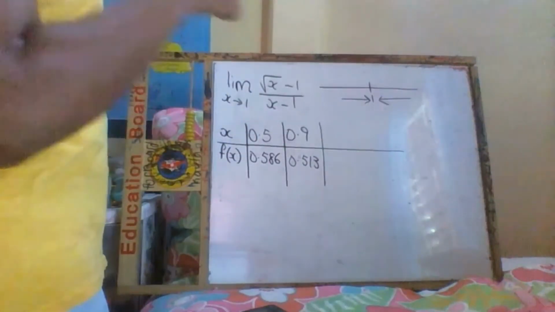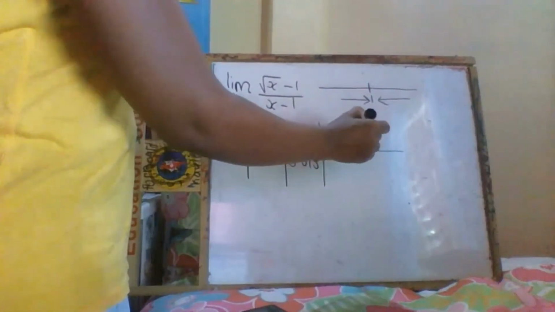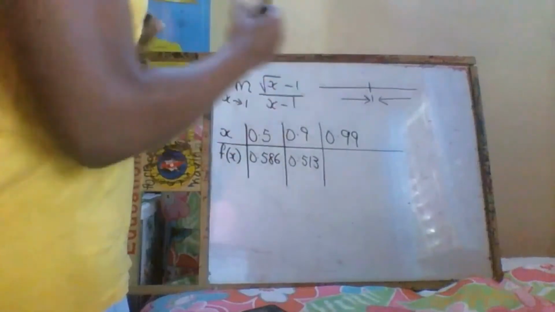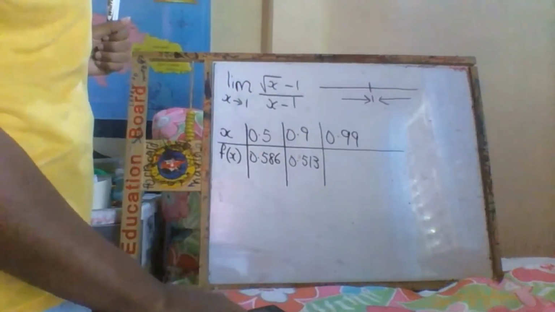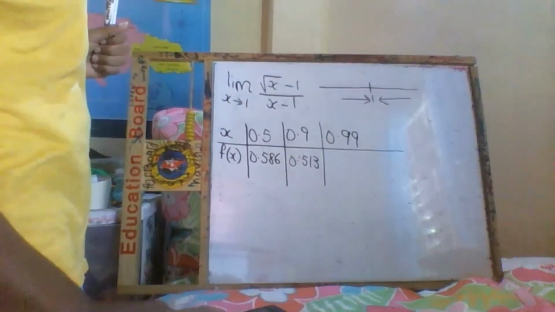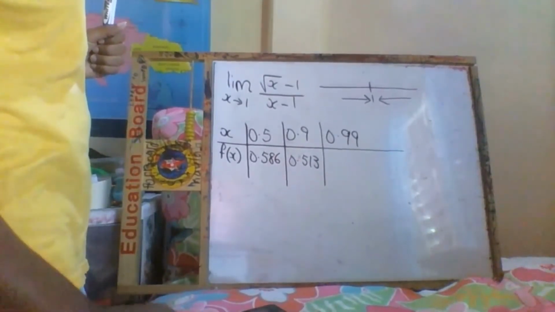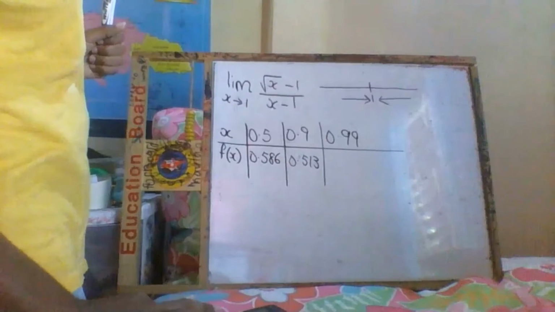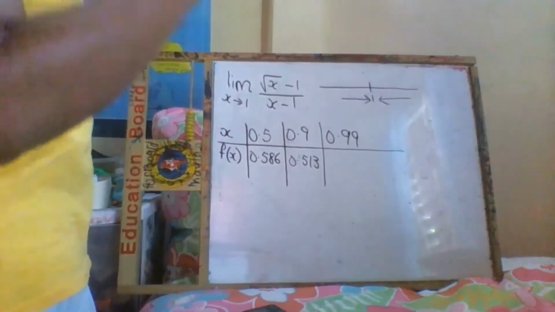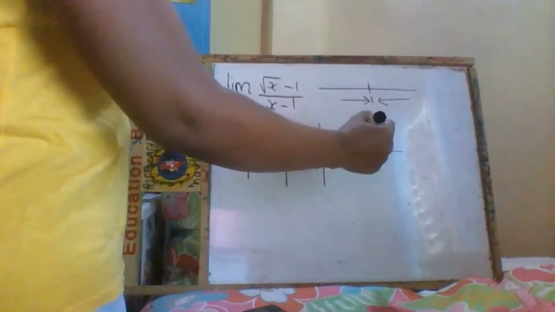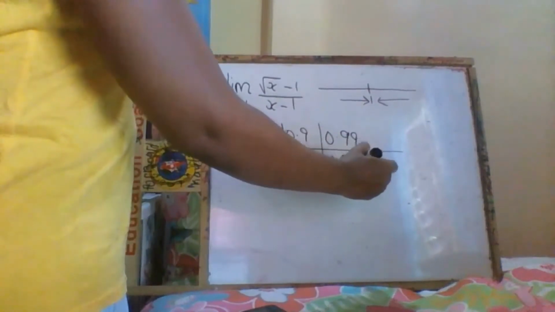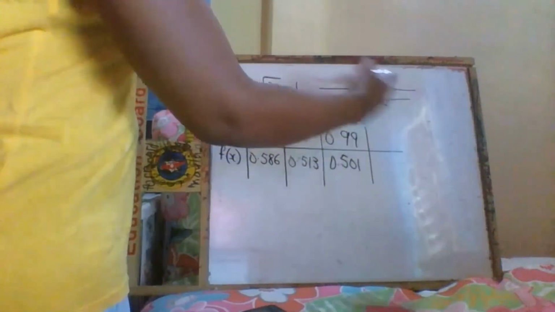Let's get even closer. Let's try 0.99. This time I get 0.501. Let's do 2 more from this side.